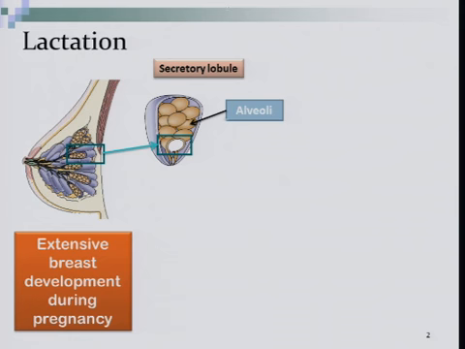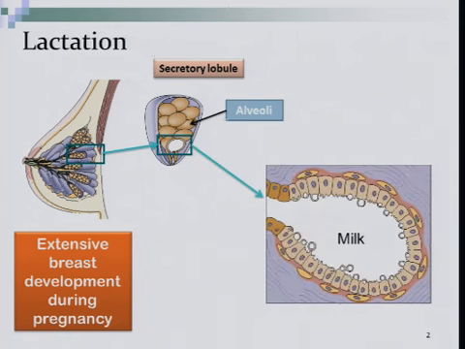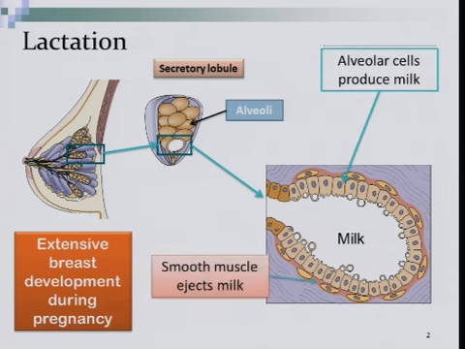Inside, if we do a cutaway of the alveoli, in the middle is the milk. It's secreted from these epithelial cells that are called alveolar cells. They actually produce the milk. And they're surrounded by a layer of smooth muscle, which are the cells that are involved in contracting and ejecting the milk out of the alveoli.